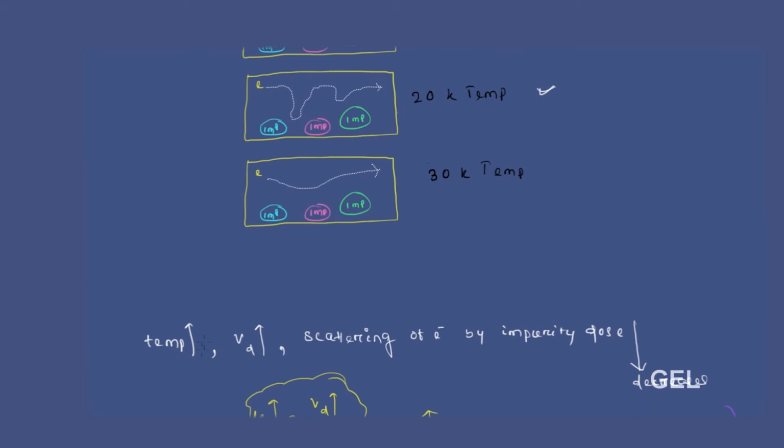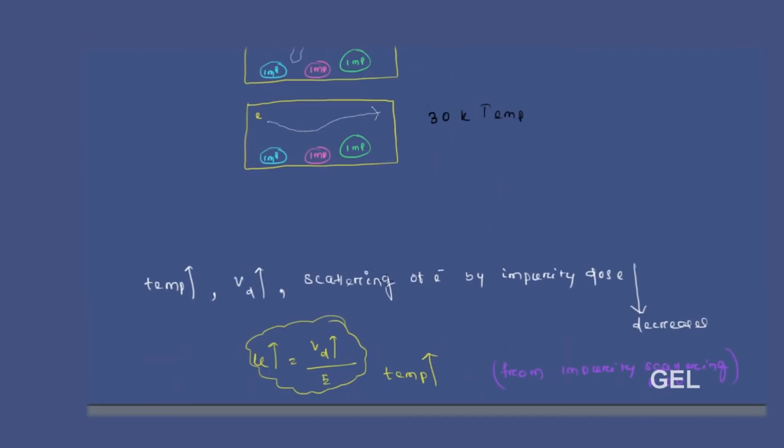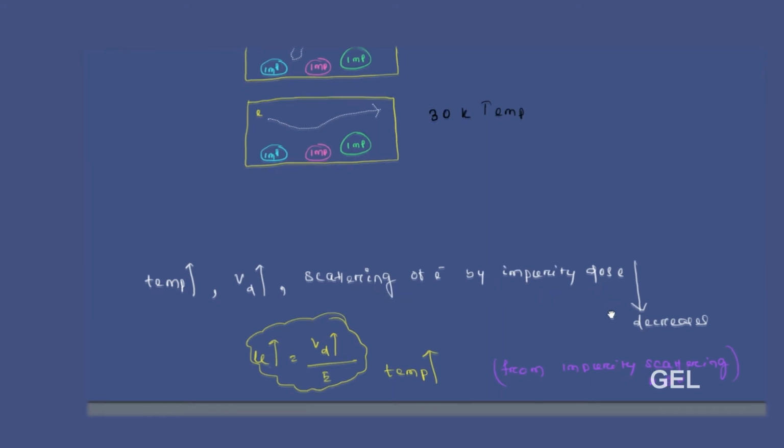So I can say with an increase in temperature, drift velocity increases, as we know. The scattering of electrons, whatever scattering was happening before, you can clearly see here, decreases. You can understand this point: scattering of electrons by impurity decreases.